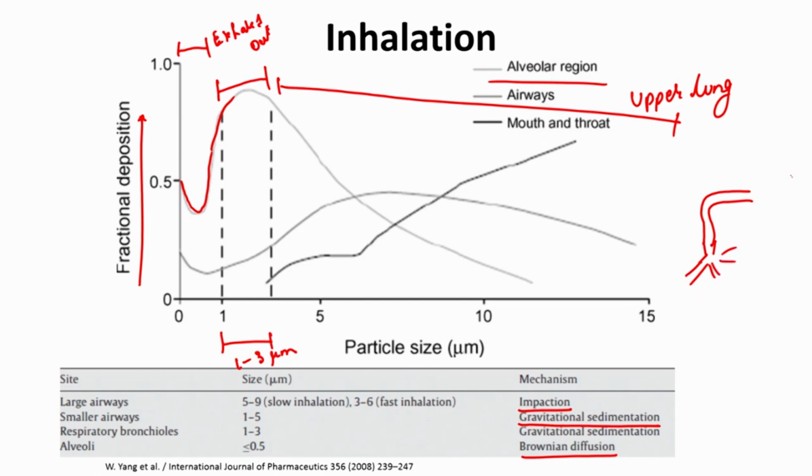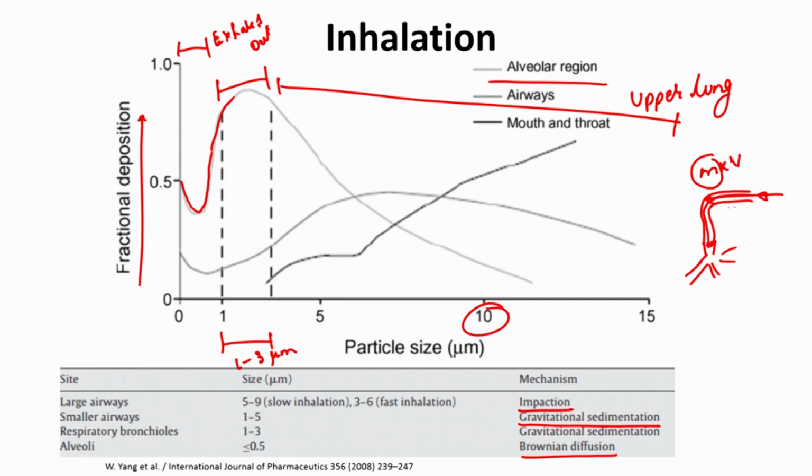What happens is when you inhale, and if the particles of the drug are large, let us say 10 micron, then they have a very high momentum. Momentum is mass into velocity, and they have a very high momentum because their mass is fairly high. This is called impaction, where rather than moving along with the airflow, they just have too much momentum.